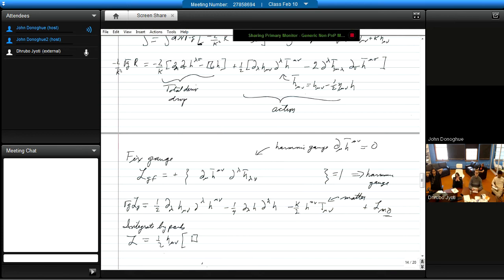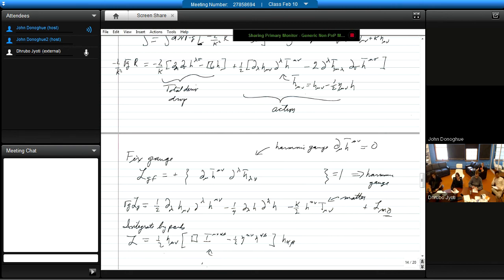And then there's just a bunch of tensor structure here. So let's write h alpha beta on this side here. And then there's some contractions. I'm going to write it in the following form: I mu nu alpha beta minus 1/2 eta mu nu eta alpha beta.